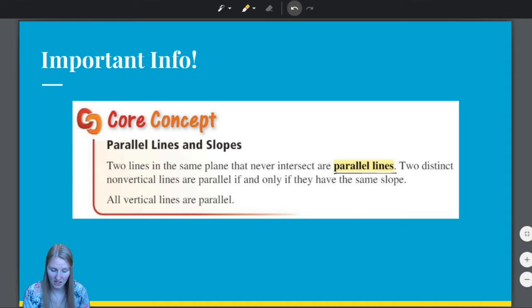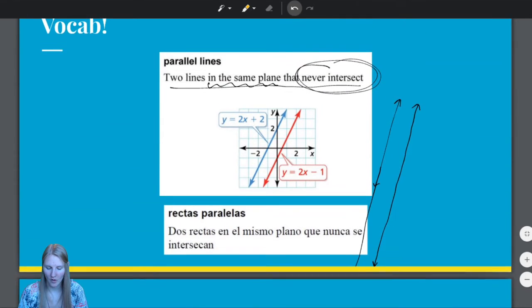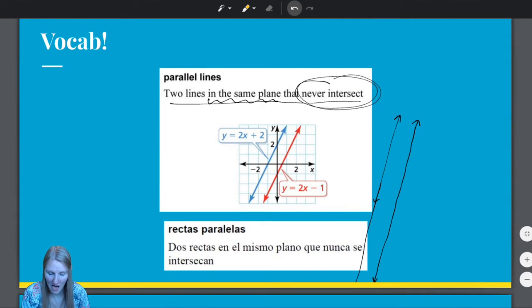Two distinct non-vertical lines, and we'll talk more about why vertical lines are a special case in a minute, but two distinct lines are parallel if and only if they have the same slope. So let's go back here for a minute. Notice the blue line is y equals 2x plus 2.